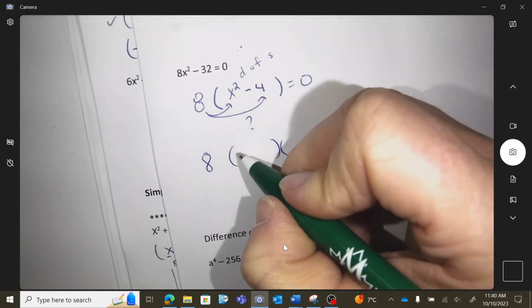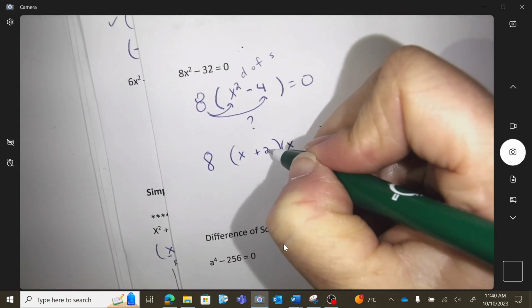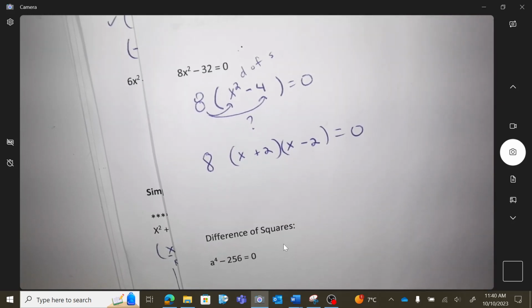So what times what makes x squared? What times what makes 4 and technically adds to 0 in the middle? That's what really is there. There's a 0 in the middle. So that's why you need a +2 -2. So multiply to the -4 and add to 0.